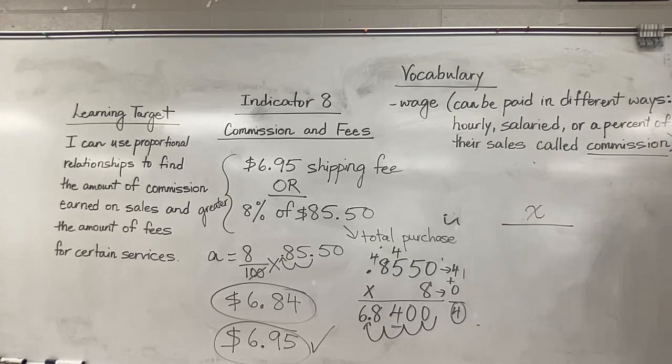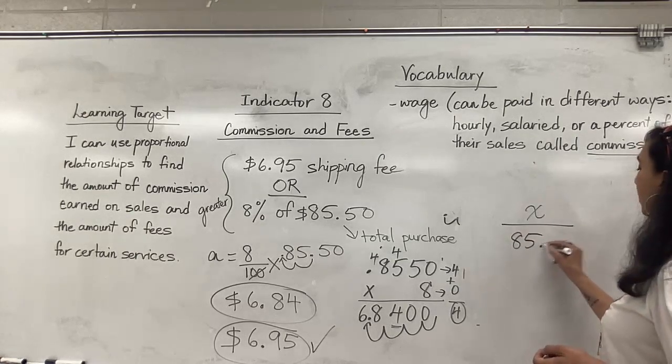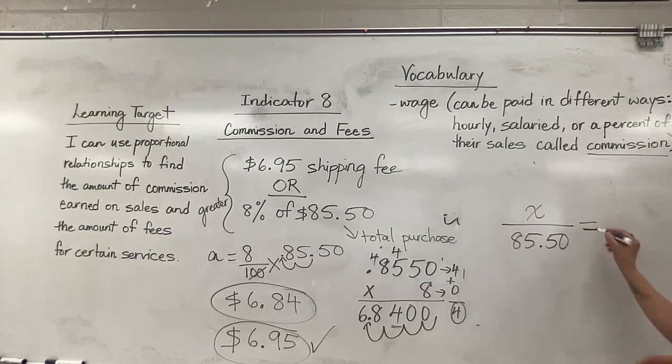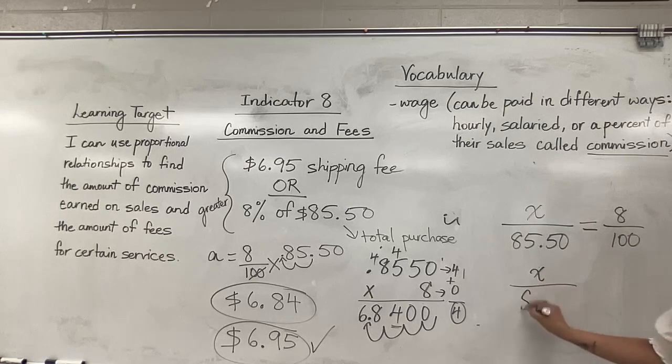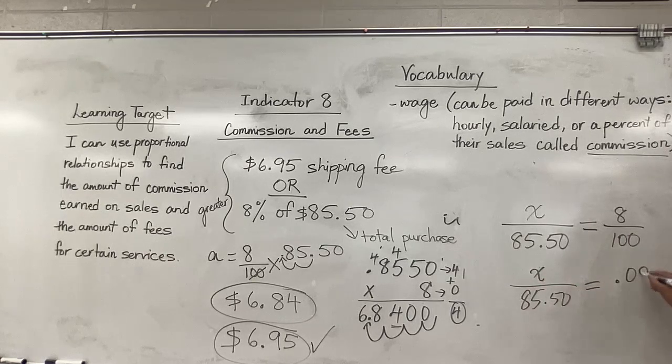We don't know this, but we do know that the total amount is 85.50. So the part over the whole is equal to 8%, which can be written as 8 over 100. So x over 85.50 is equal to 8 over 100.